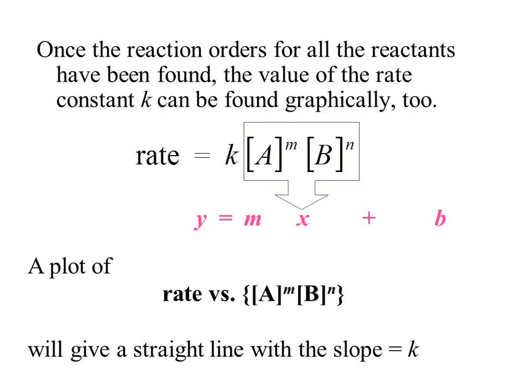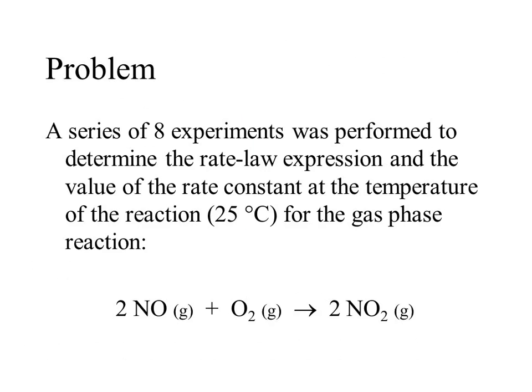So we'll look at some data and see what we think. You're going to see two sets of 4 experiments, okay? And the 2 reactants we have are NO and O2. And let's see, I can't remember. It must be coming up on the next slide.